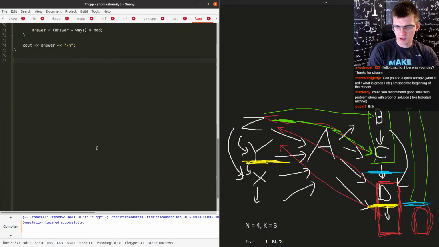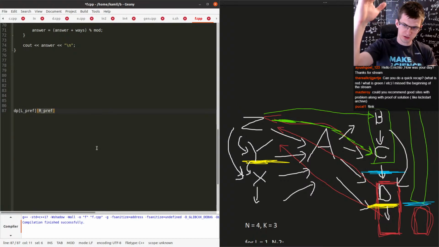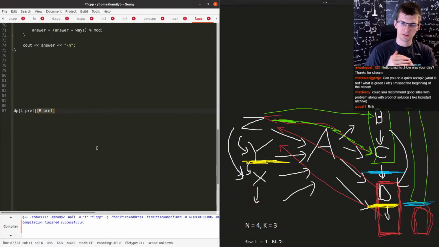Okay, let's look at yellow splits. DP will be based on left prefix, right prefix. This right prefix means that the last thing from the left reached up to this place in the right part.